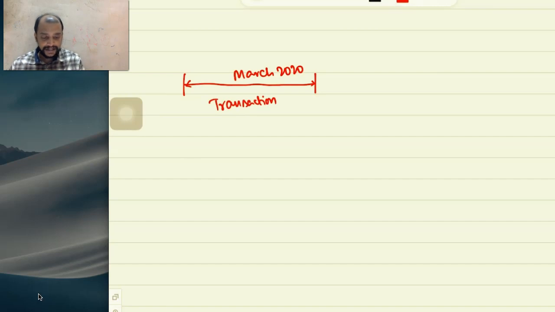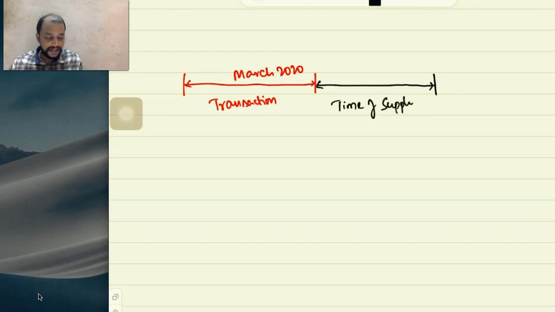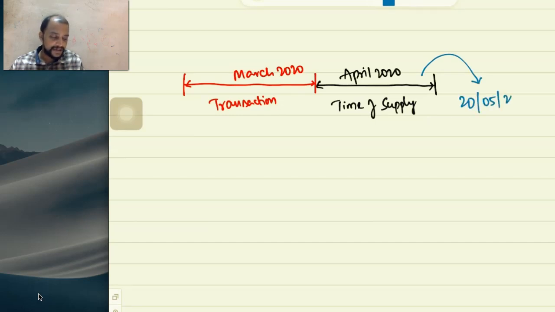For this transaction, we need to find the time of supply. Say the time of supply falls in April 2020. Then the due date of payment of GST is 20th May 2020. This is the due date of payment of GST.